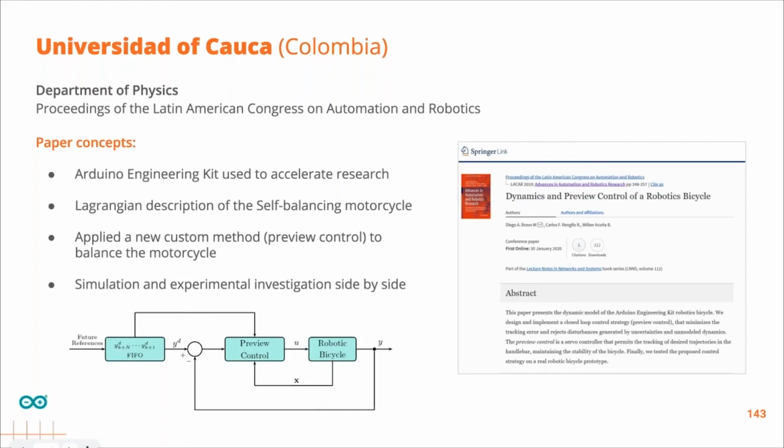So one of the big benefits is that the Arduino Engineering Kit can provide a platform to accelerate the process of research and make sure that it's simple and easy to engage in concurrent simulation and experimentation side by side.